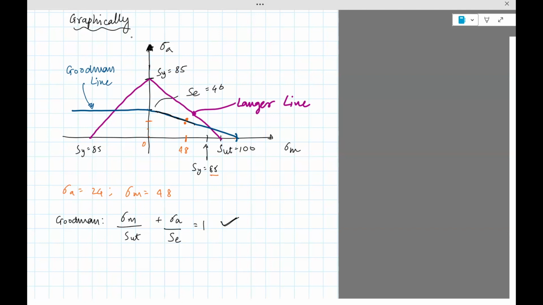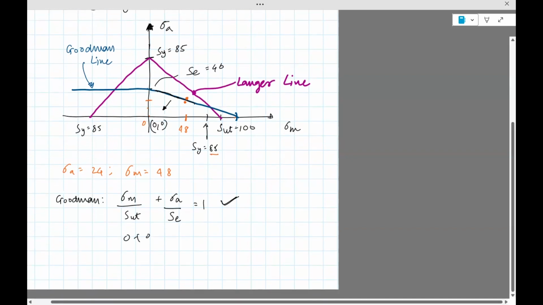If you put anything on this side of the line, so let's say if you put 0, 0, you have 0 plus 0, right? And that is less than 1, right? So that means that this point, 0 and 0, is on this side of the line.